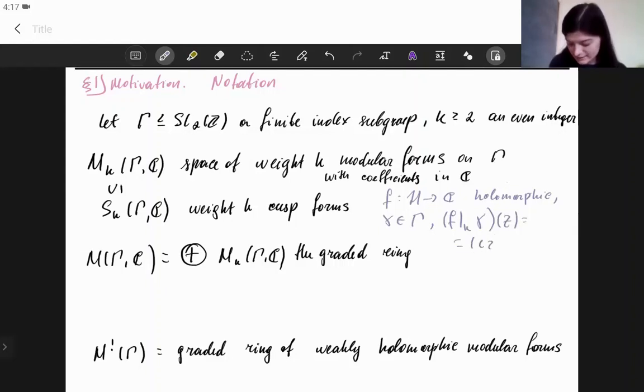We get (cz + d) to the minus k times f of gamma dot z, where gamma is the matrix (a b; c d), and then the action on z is just a Mobius transformation, (az + b) over (cz + d). So for f to be a modular form implies that f slash k gamma is equal to f.